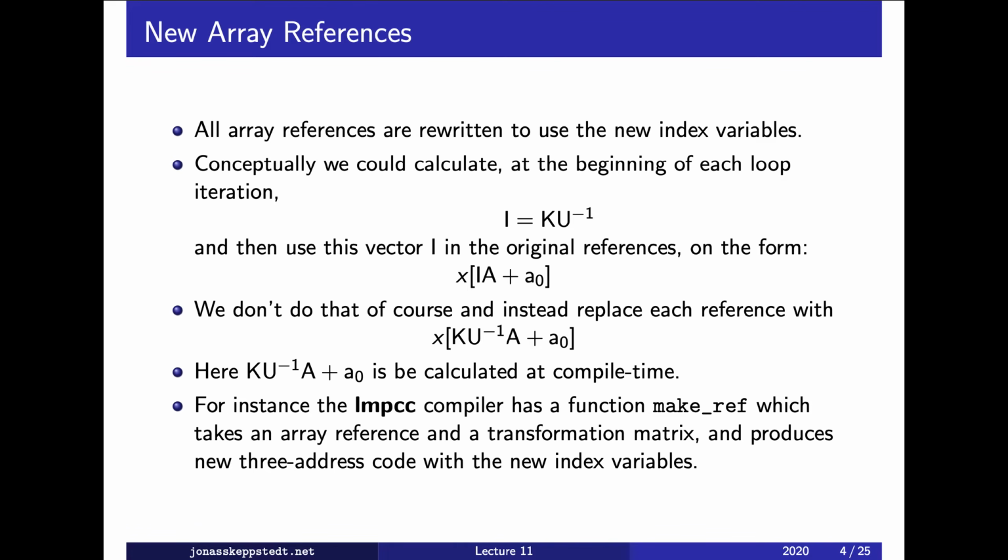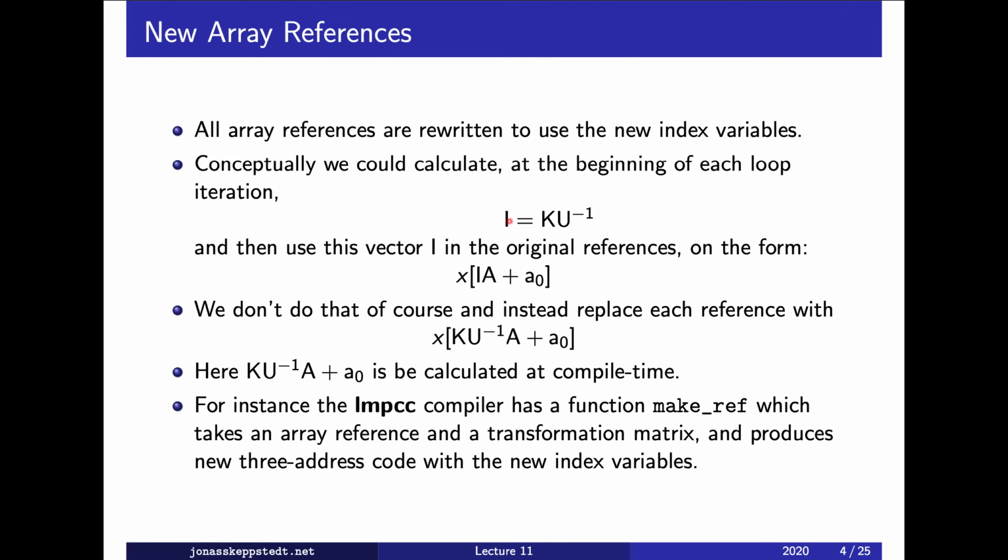So when we then generate the code, the references in the loop, we could start every iteration with recomputing the original index variables, like this. The new loop, when we execute the program, has k, and the compiler certainly knows this matrix.